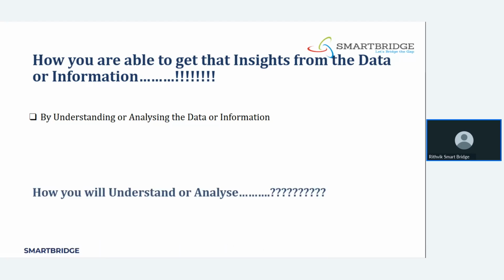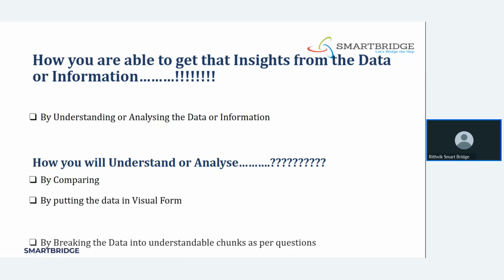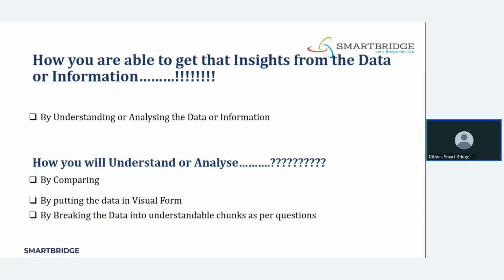In a later session, we will understand. You analyze by comparing, by putting the data in visualization form, by breaking down the data into understandable chunks as per the question. By comparing different columns, you can understand the data, and by putting the data in visualized form.